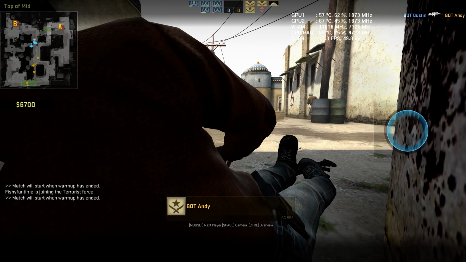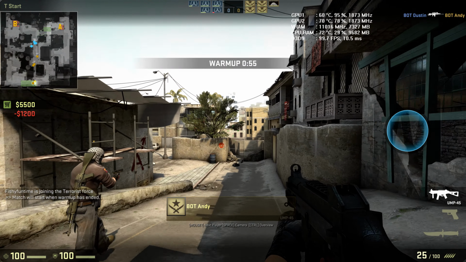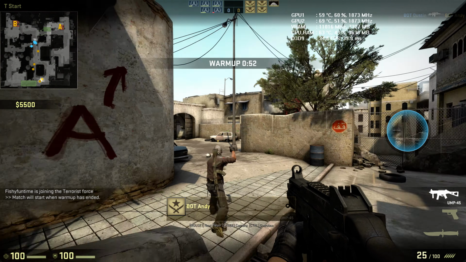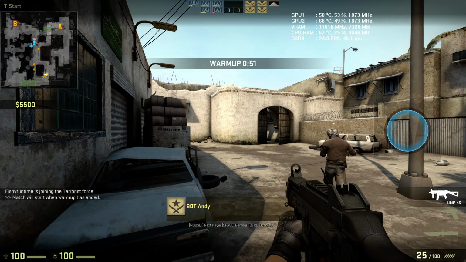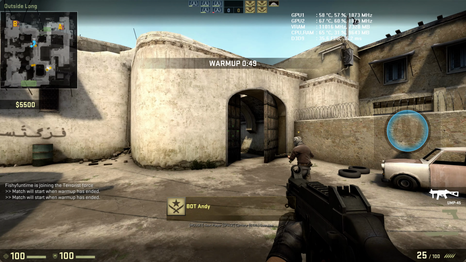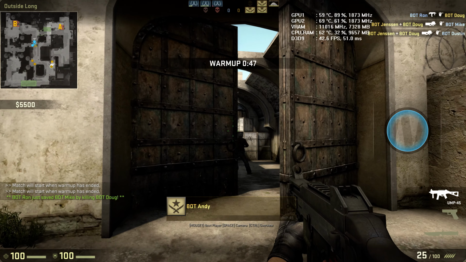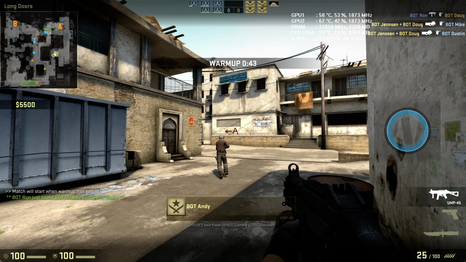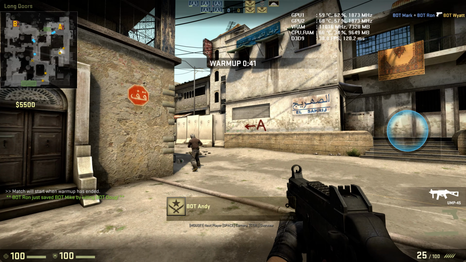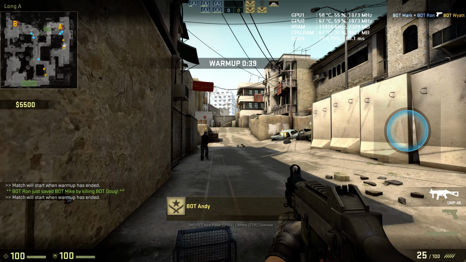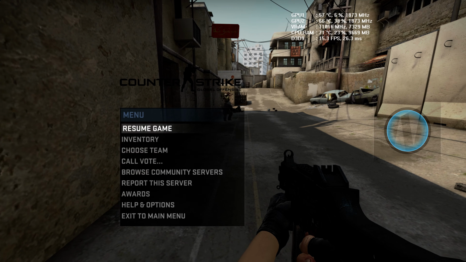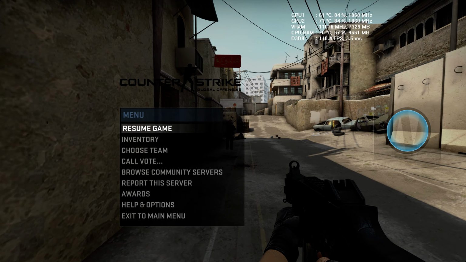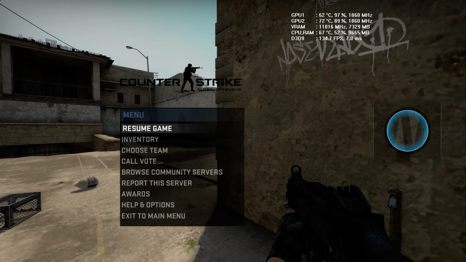Okay, the FPS will be kind of low right now because it's loading. Here we go, it's loaded the level. It's preloading some objects and details, kind of lagging out a little bit when you're using NVIDIA SLI and Counter-Strike GO, but it will disappear in about 1 minute and the FPS will be stable. When I press the escape button, it's not going to be lagging like this.